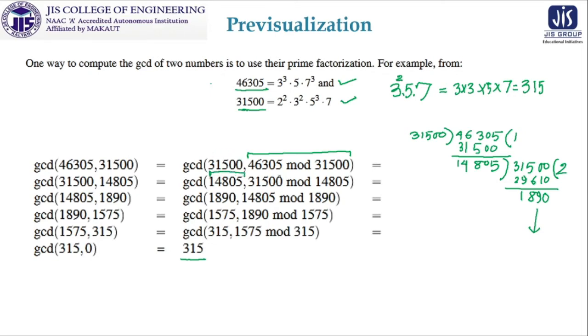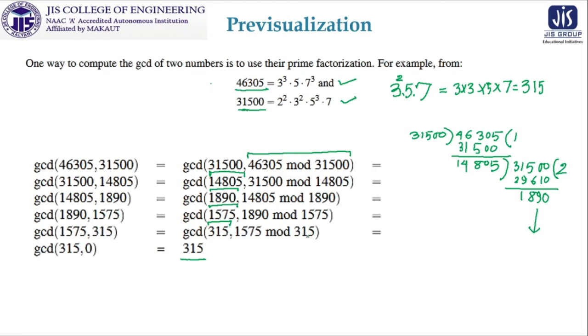And this one mod 14805: 31500 is divided by 14805 and we get the remainder 1890. Then this 1890 will divide 14805 and the remainder will be 1575, and then 1575 will divide 1890 and give the remainder 315.